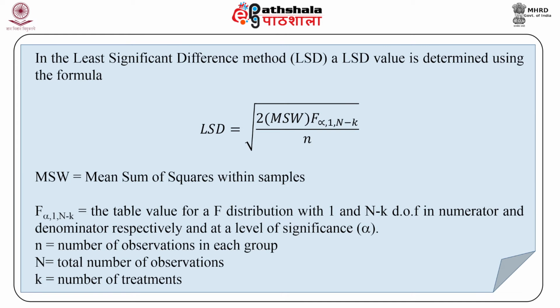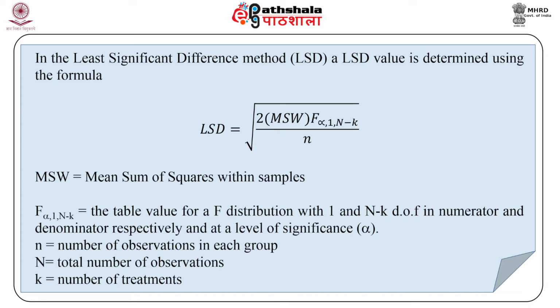In our second method, which is the least significant difference method or LSD method, an LSD value is determined using the particular formula: LSD is defined to be equal to the square root of 2 times MSW times F of alpha with 1 and N minus k degrees of freedom, divided by small n, where MSW is the mean sum of squares within samples.